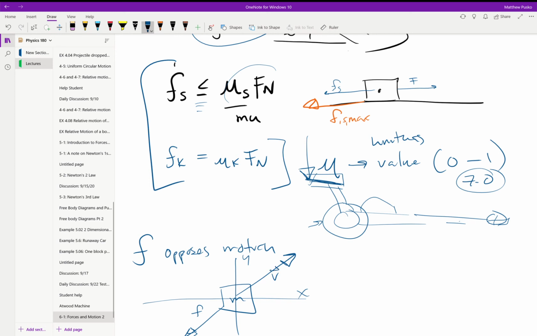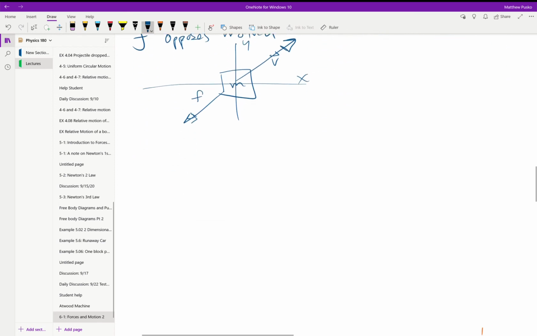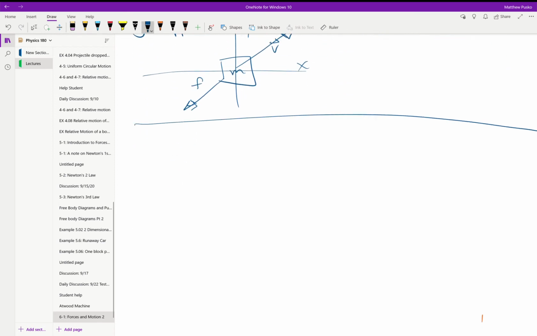Okay, let's do one last thing. Let's figure out how to calculate mu s and mu k. We could do this experimentally. So let's do an inclined plane.